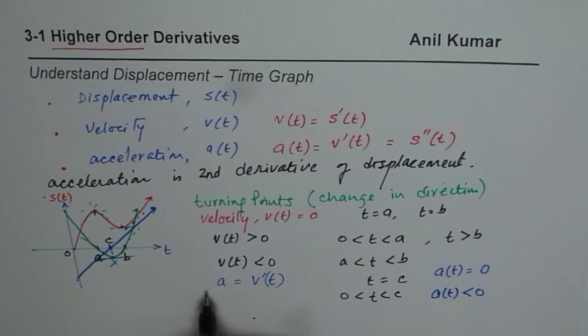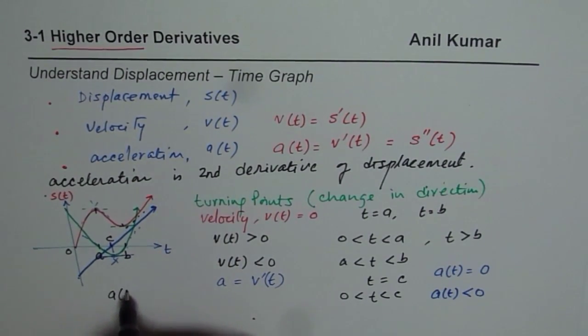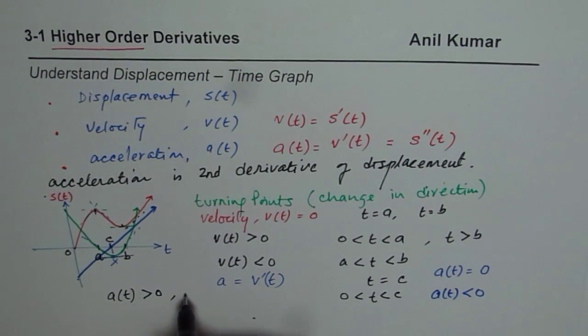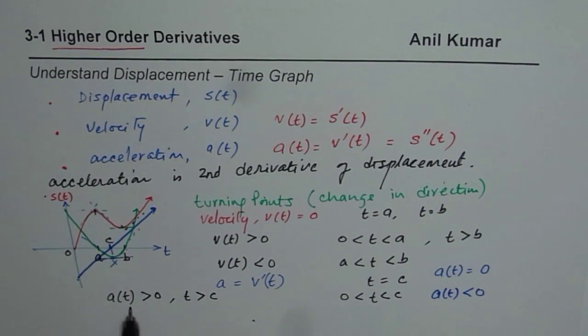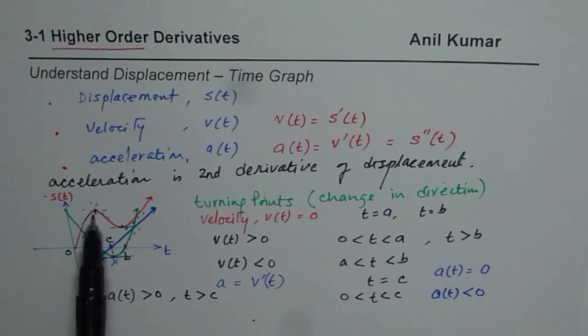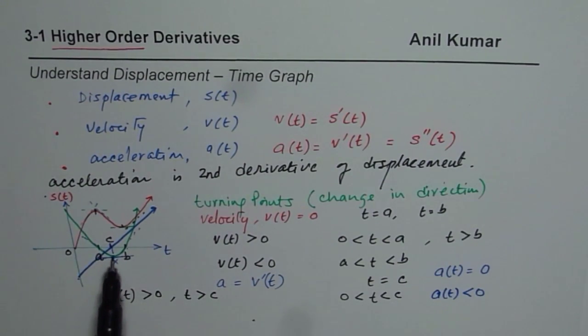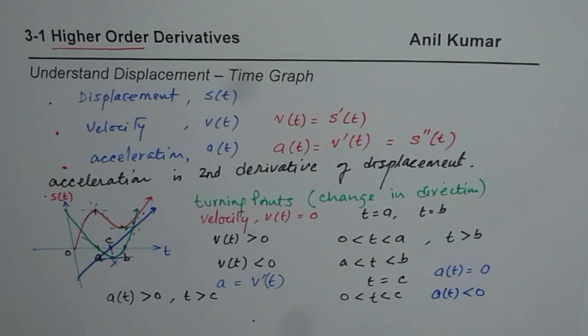So what we observe here is that, let me write down here, a of t, acceleration, is greater than 0 when t is greater than c. Do you see that? So that is what we observe from here. So acceleration is the second derivative of displacement and is the first derivative of velocity. So you can actually sketch the graph of acceleration from the graph of velocity, and you can sketch the graph of velocity from the graph of displacement.